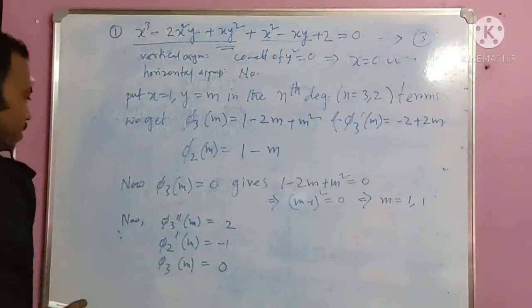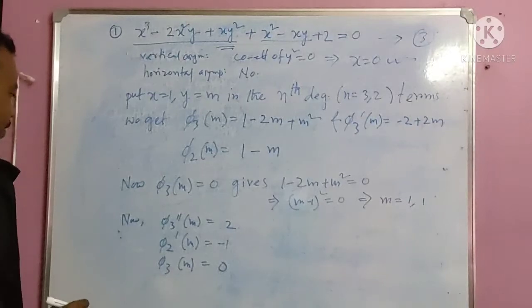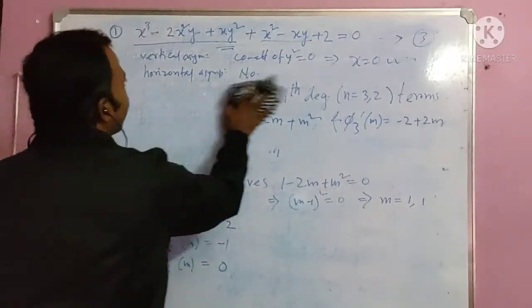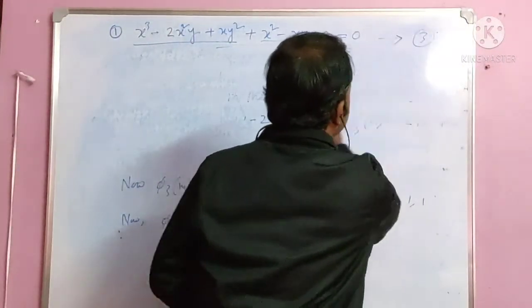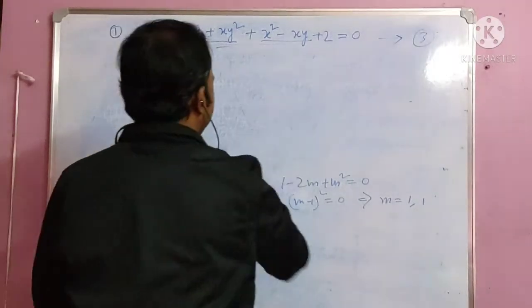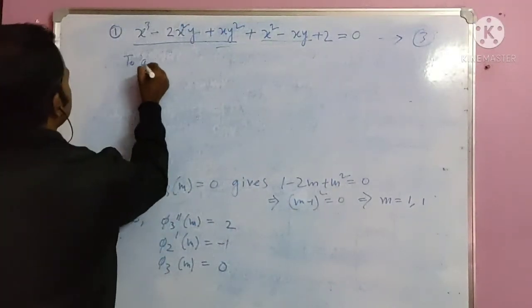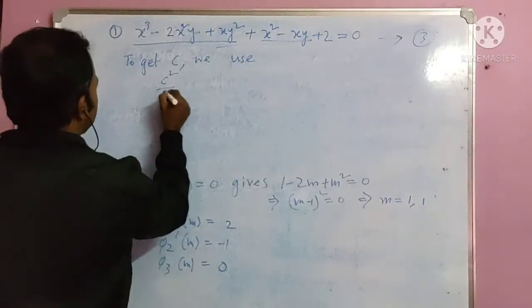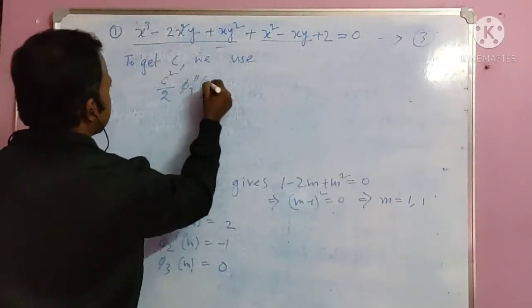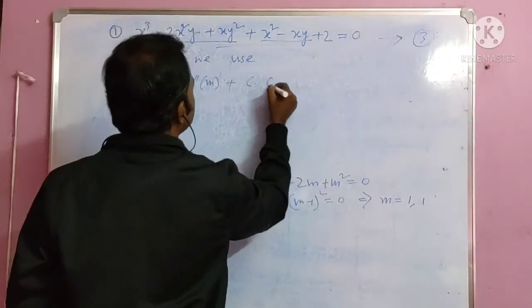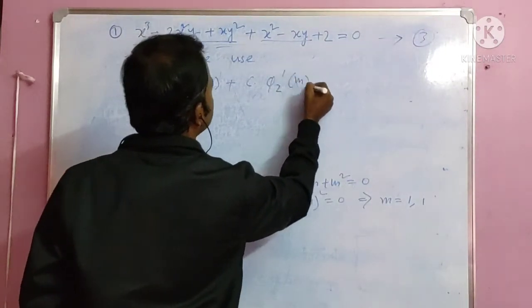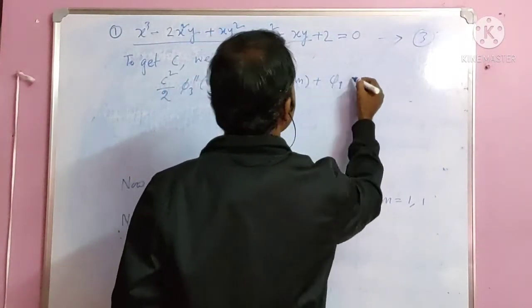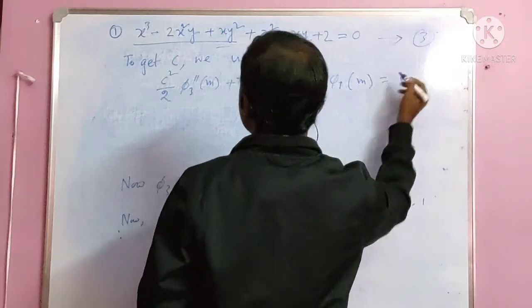Now we will use the formula. To get C, we use C square by 2 phi 3 double dash m plus C into phi 2 dash m plus phi 1 m is equal to 0.